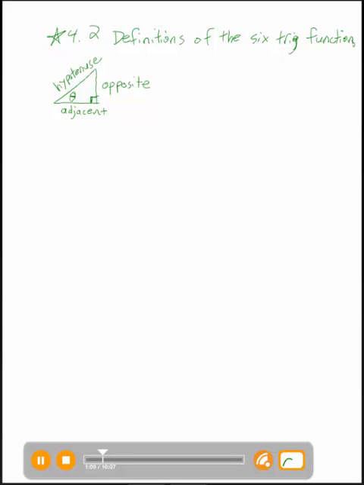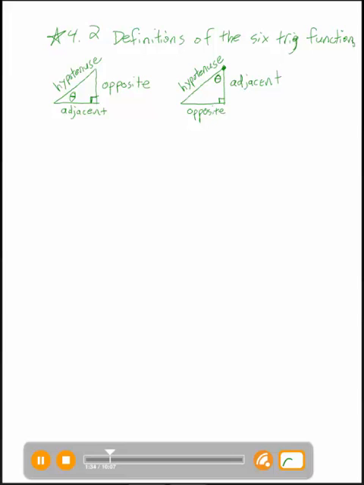Okay, now if I drew the exact same triangle, but instead I was looking at this theta up here, now in this triangle, the hypotenuse is still here, but since I'm looking at theta at the top angle, now this side on the bottom becomes the opposite, and this side becomes the adjacent.